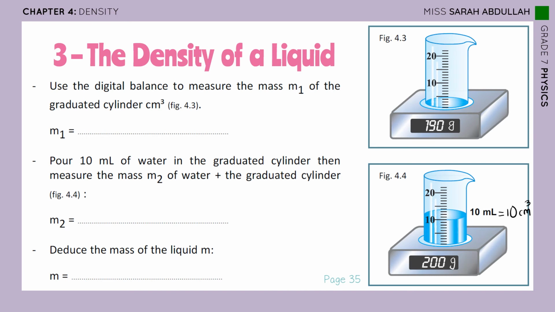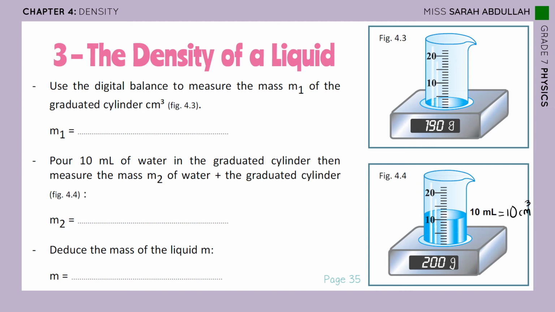Moving on to the density of a liquid. It's not any different. I'm still using the same formula. The only thing that is different is how I find the mass and the volume, and that's it. So this is actually found in your books, page 35. It says use the digital balance to measure the mass M1 of the graduated cylinder.